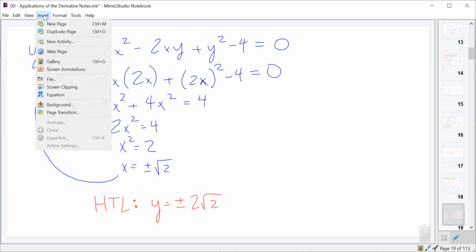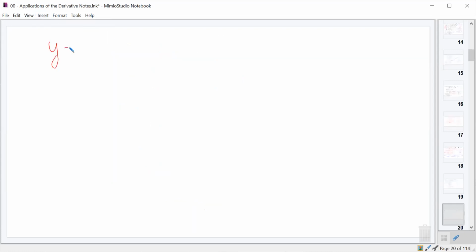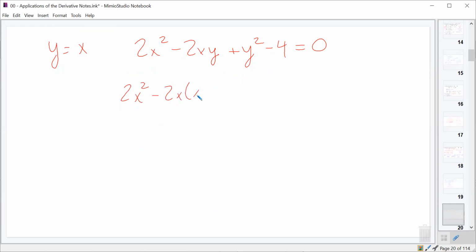And if we go ahead and do the same thing with y equals x into our original equation of 2x squared minus 2xy plus y squared minus 4 equals 0, we'll end up with 2x squared minus 2x times x plus x squared minus 4 equals 0.